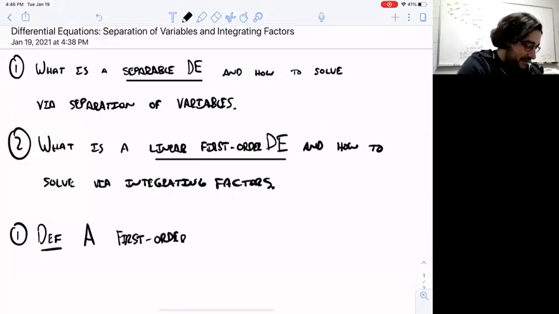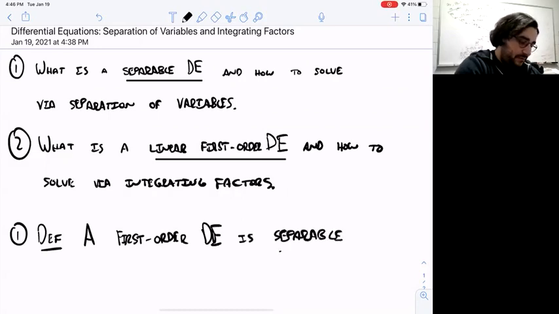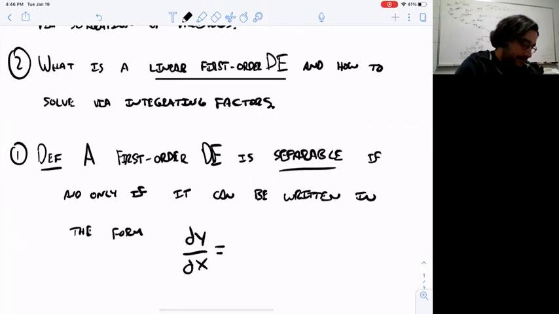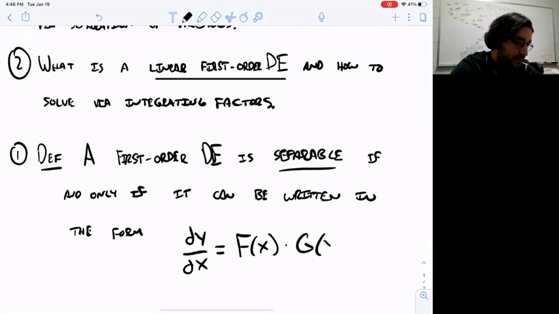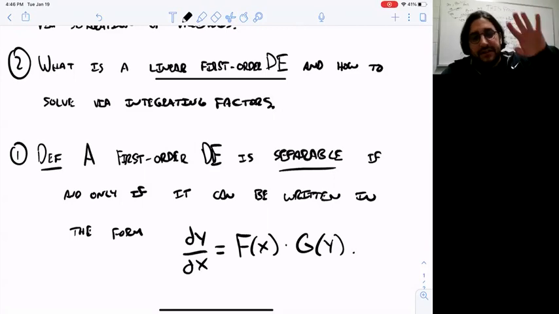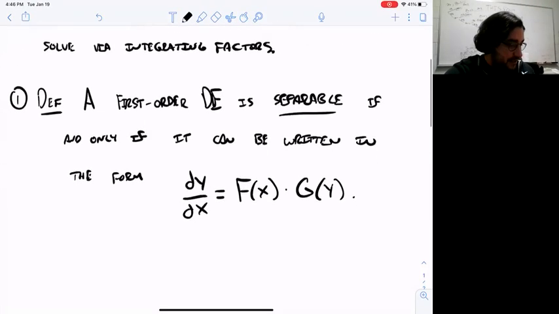So a first order differential equation is called separable if and only if it can be written in the following form: dy/dx equals a function of x times a function of y. If you can separate it by factoring, so a function of x times a function of y, then we call a differential equation separable.